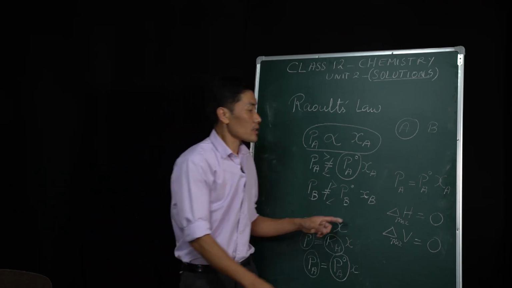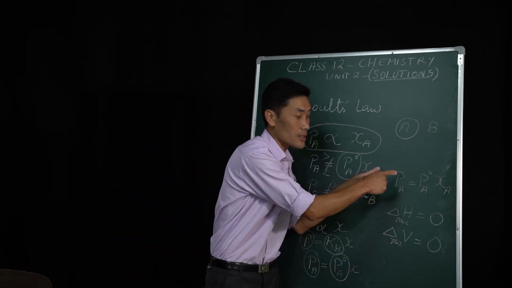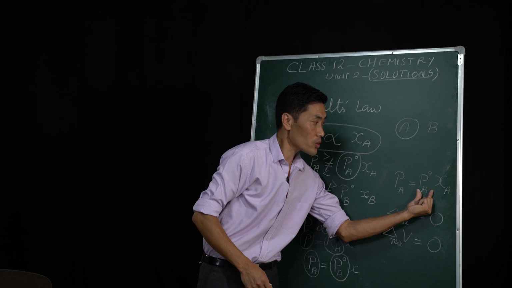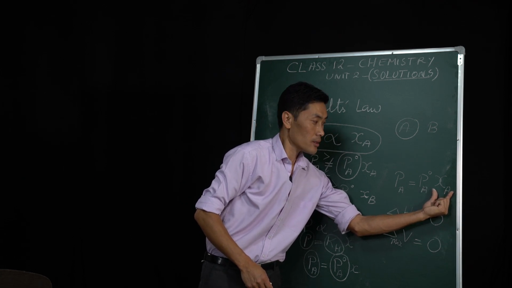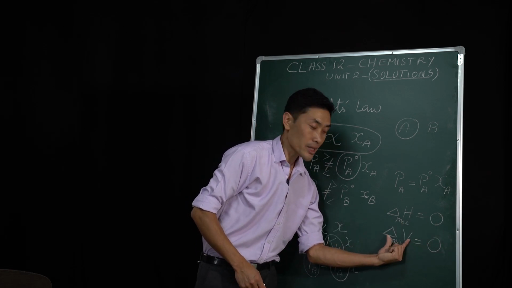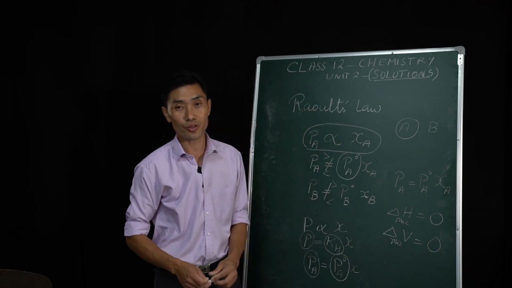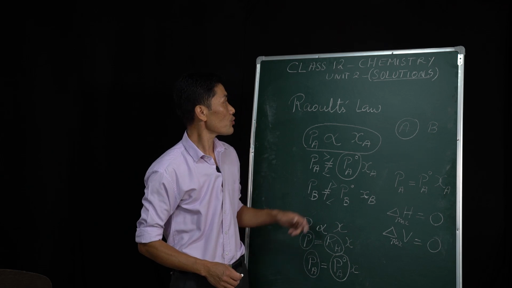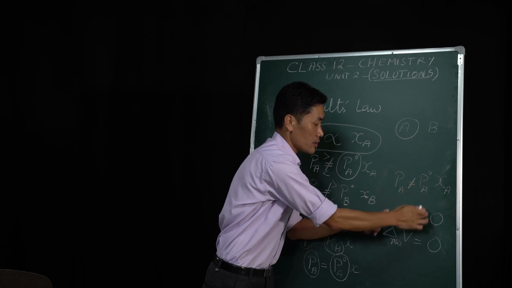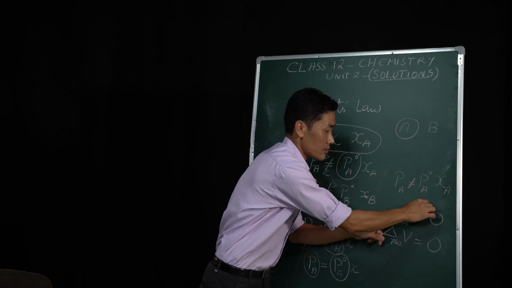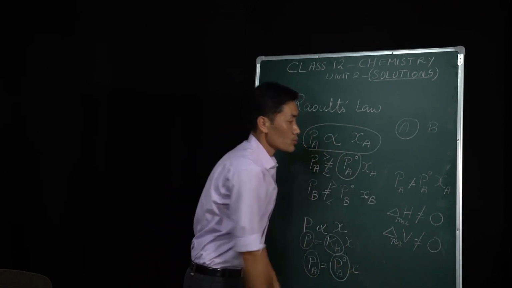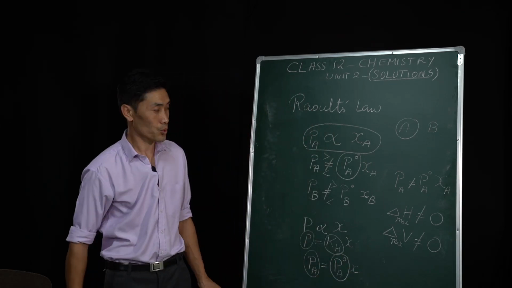So not only is the vapor pressure of the component in the solution equal to the product of the vapor pressure of the pure component and its mole fraction, the enthalpy of mixing is also equal to 0, and the volume change of mixing is also equal to 0 for ideal solutions. However, for non-ideal solutions, this is not equal. Delta H of mixing, that is the enthalpy change of mixing, is not equal to 0. Delta V of mixing is also not equal to 0 for non-ideal solutions.